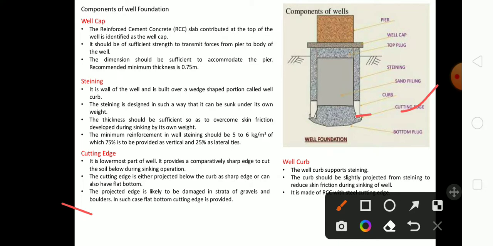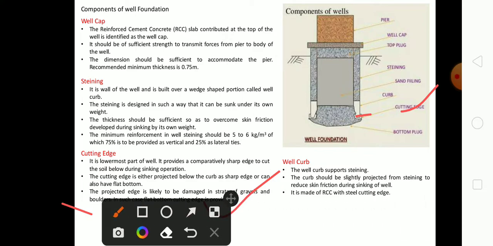We already discussed this in the sinking video. The cutting edge is either projected below the curve as a sharp edge, or can also have a flat bottom. The projected edge is likely to be damaged in strata of gravel and boulders. Generally the cutting edge is provided in the case of a flat bottom.